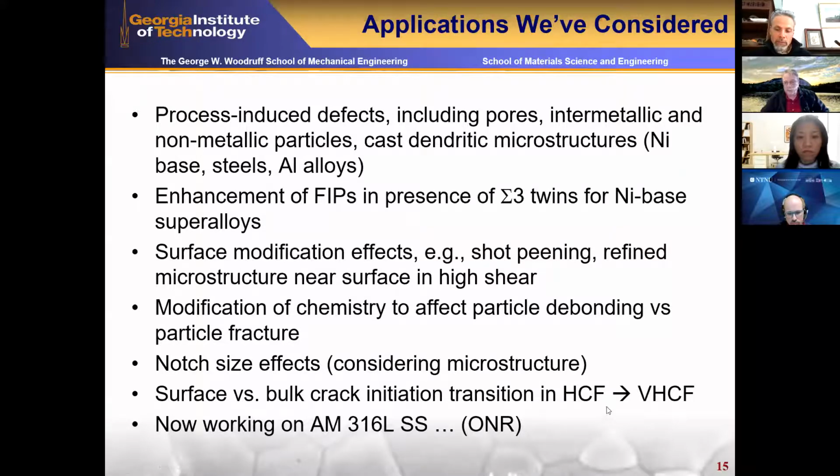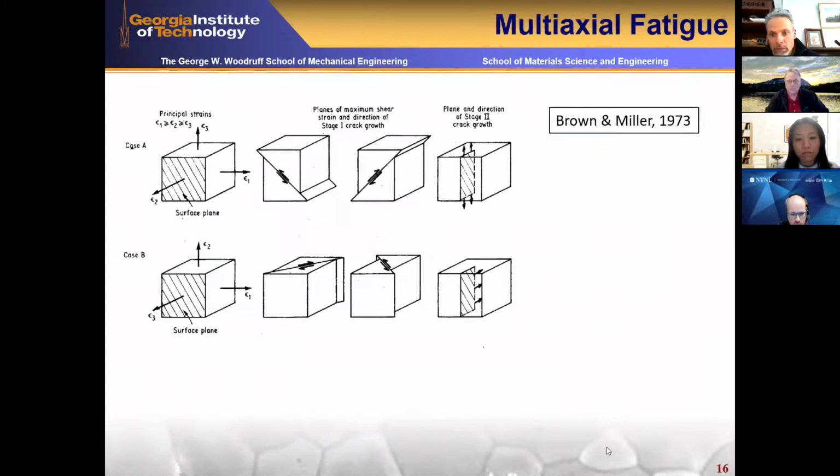We've also looked at size effects of notches, the notch factor, K sub F, fatigue notch reduction factor, considering microstructure, and whether we can predict that and tailor that with these kinds of strategies. And as we've just seen, surface versus bulk fatigue crack initiation, we're now working on a 316L stainless steel with Navy support, looking at additive manufactured material.